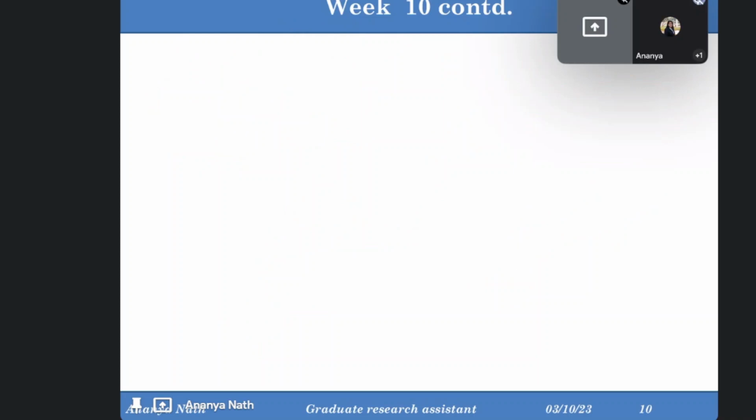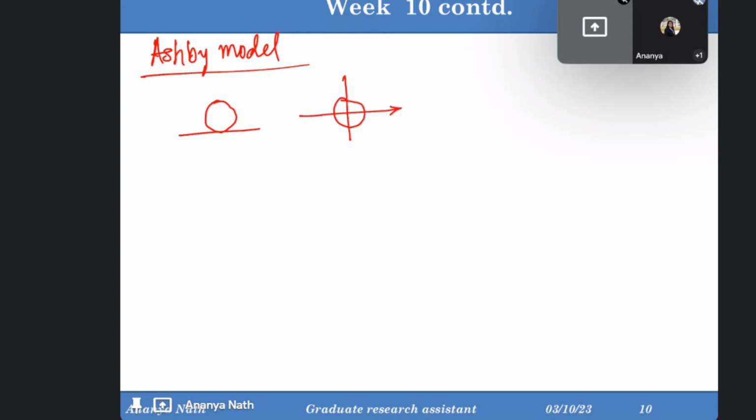Okay, so the Ashby model states particle compatibility between the matrix and the reinforcement material. Hard particles are embedded in the matrix, and there is an assumption of a spherical particle. So this is the spherical particle sitting over there, and it will have axes like this: this is the x1 axis, this is x2.